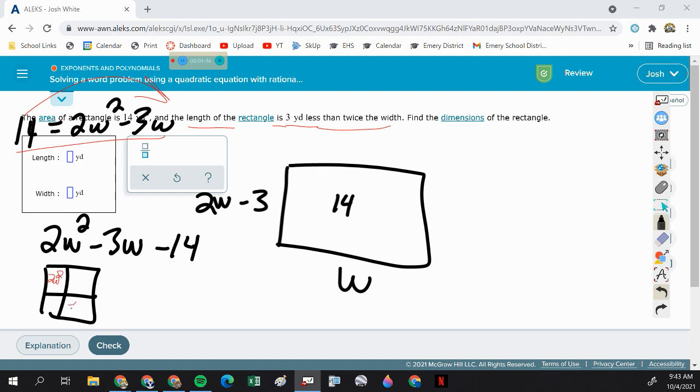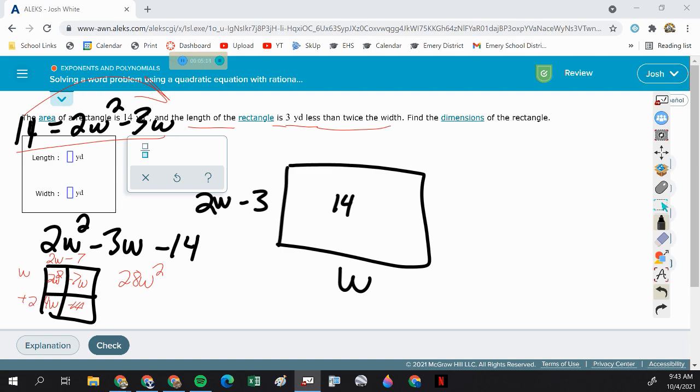2W squared, negative 14. That would be negative 28W squared. Are there factors of negative 28 that add to be negative 3? Negative 7W and 4W. Pull out a W, and I get 2W minus 7. Pull out a 2W, and I get plus 2.